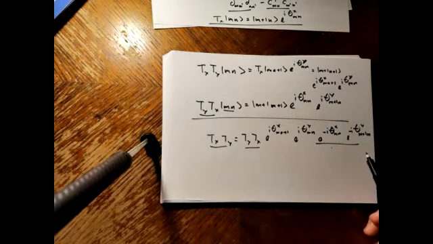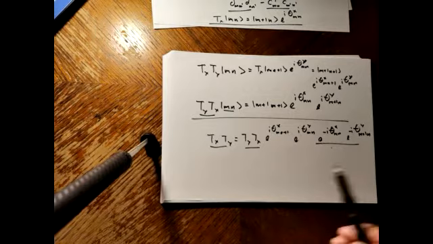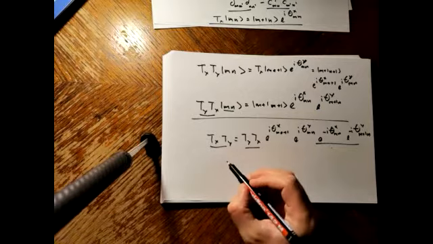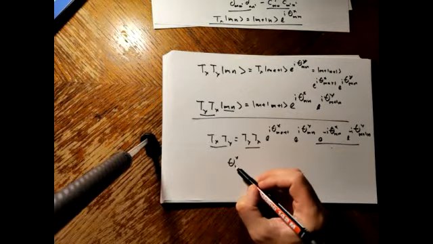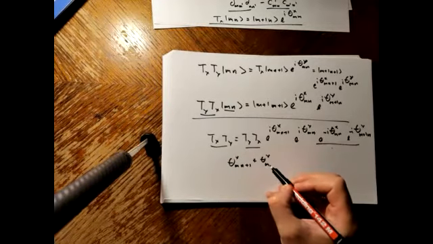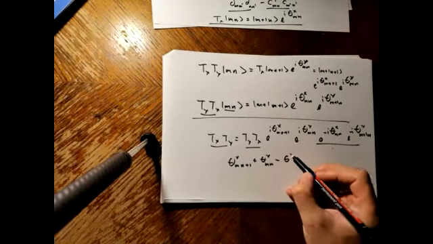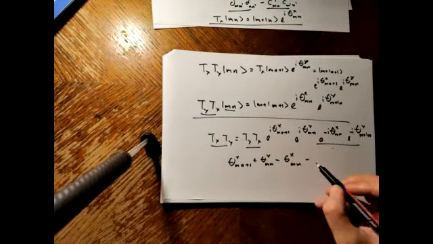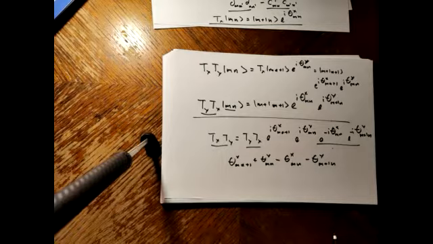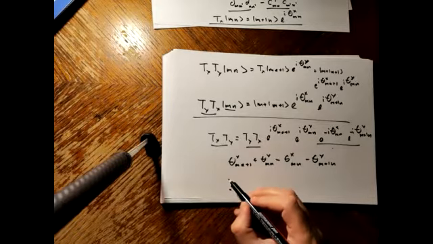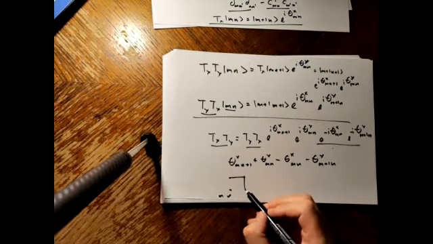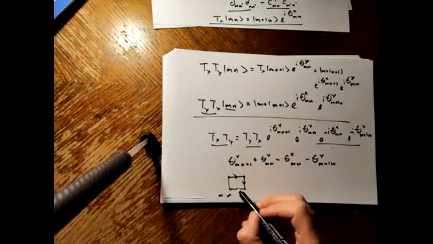But the interesting thing is, if you look at these four phases and you add them together, you get something that's actually familiar, because here what you have is theta x m n plus 1 plus theta y m n minus theta x m n minus theta y m plus 1 n, which is actually a lattice curl. The way I actually wrote it, if this is my site mn, it's going around like this.